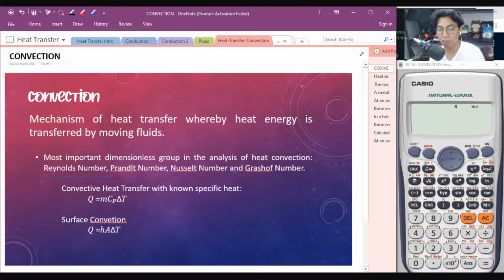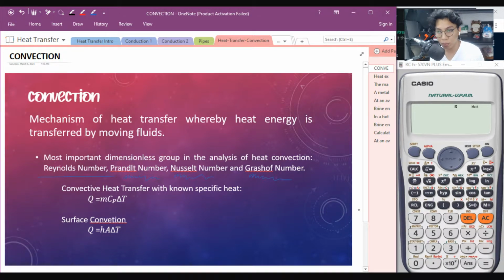And the Prandtl number, hindi na masyadong ginagamit sa ating mga board exam. The Nusselt number and the Grashof number. They are dimensionless coefficients na ginagamit natin for convective heat transfer.